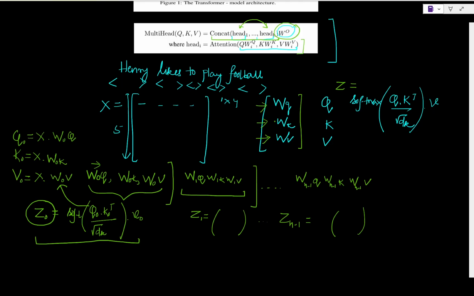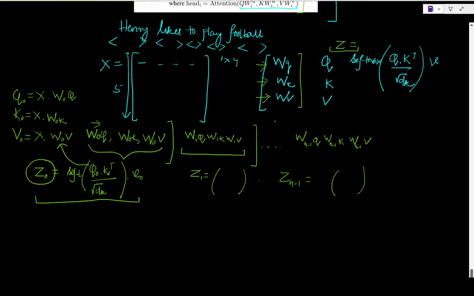Initially, when we just have one projection subspace, the process is we do the attention mechanism and get some matrix Z, which is the attention output. Here we have H attention outputs.